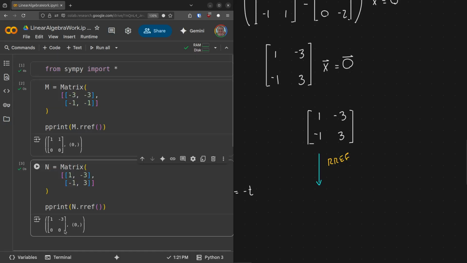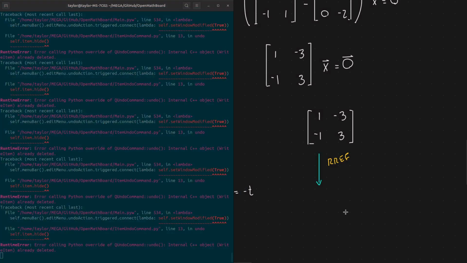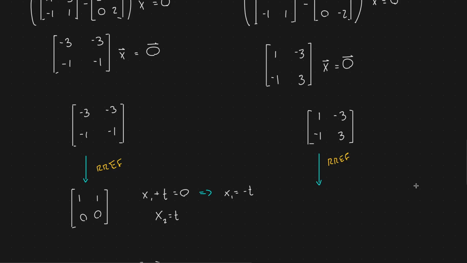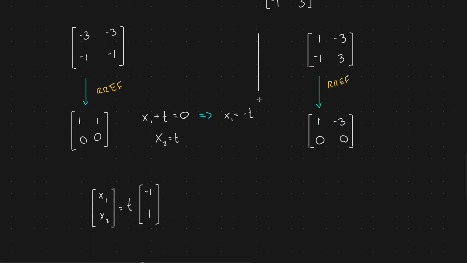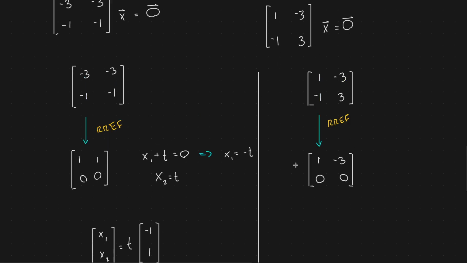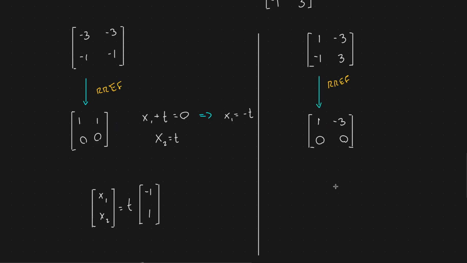And I get 1, negative 3, 0, 0. So that's the reduced row echelon form of this matrix. Just put a bar here to separate the two halves of the problem. Now I need to use this to solve the homogeneous system. Remember, we imagined 0, 0 as being the augmented part.